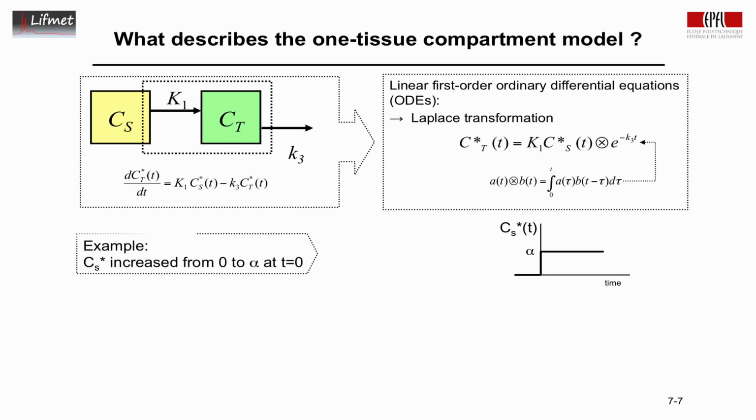Now we can write the above equation for this situation. At times 0 or higher, the change in tissue concentration of the tracer equals K1 times alpha, because we have now set this concentration to constant, minus K3 times the tissue concentration of the tracer. And this is something we can mathematically handle ourselves.